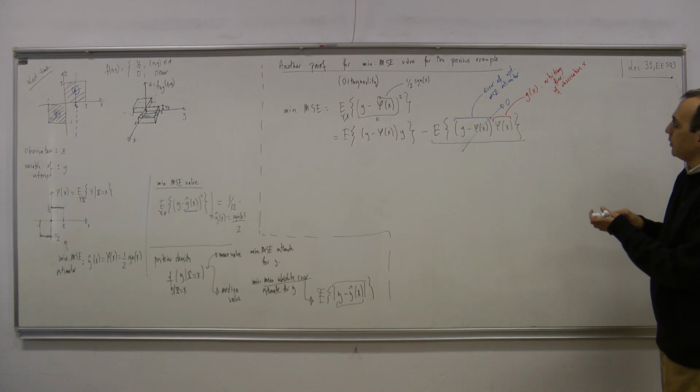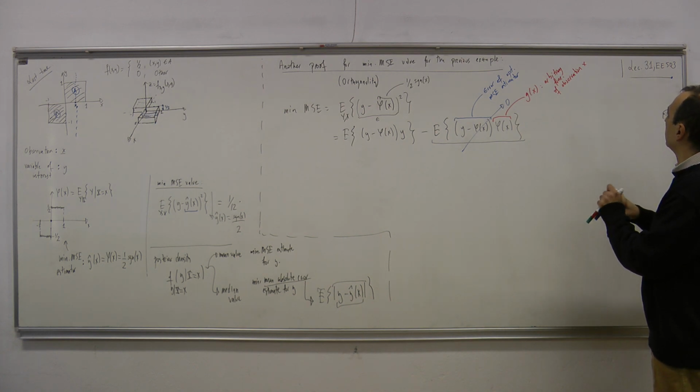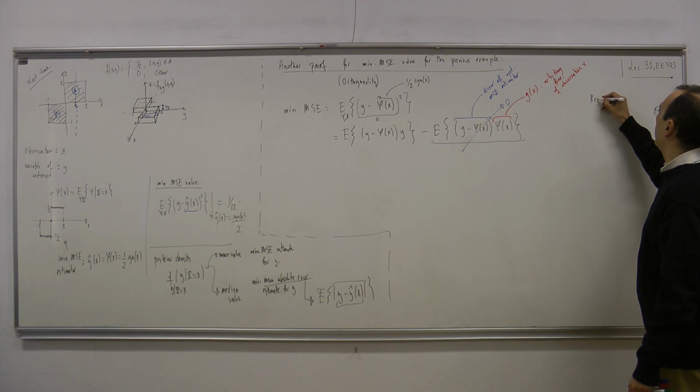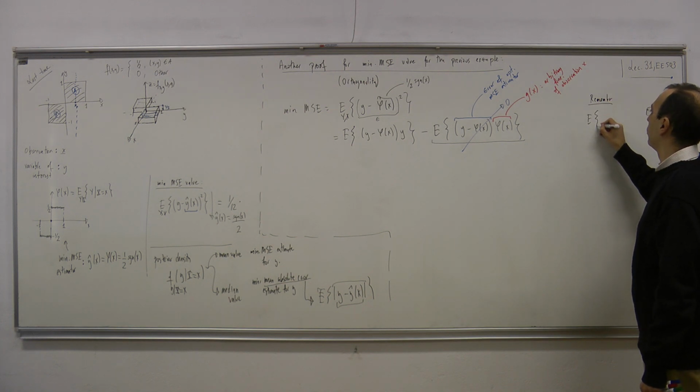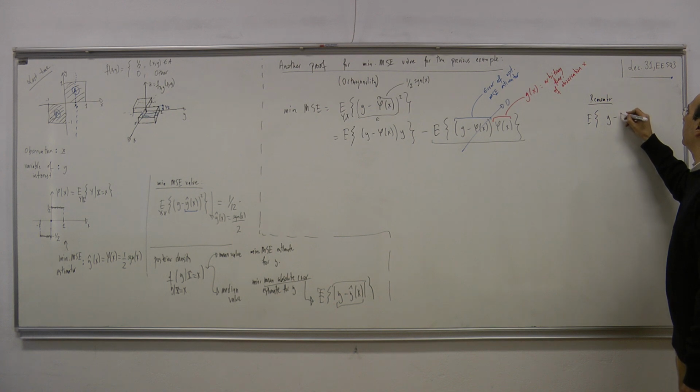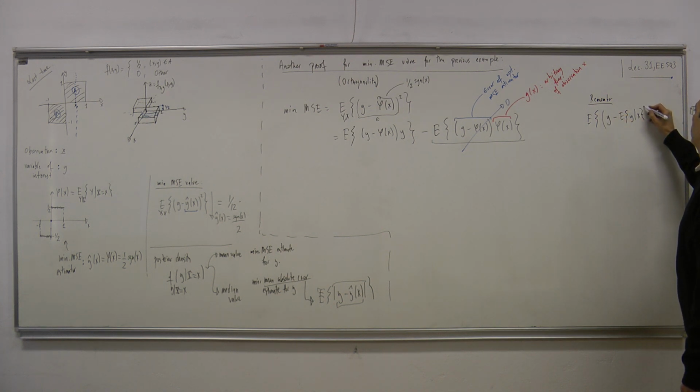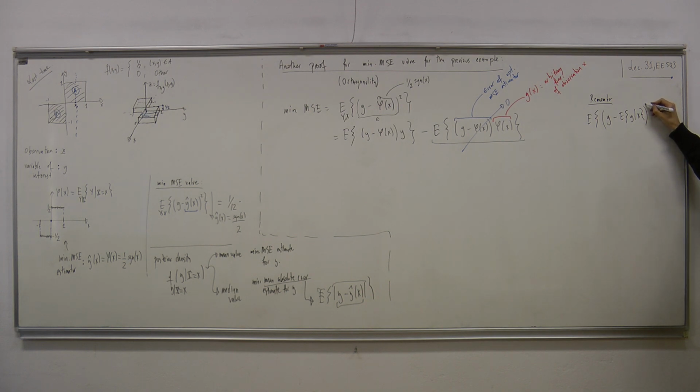And we have proved the orthogonality principle: expected value of y minus expected value of y given x, this is the estimate of y, this is the error, times g of x is equal to 0. This is what we call the orthogonality principle for this MSE estimator.